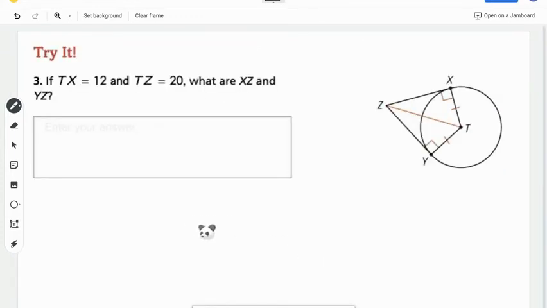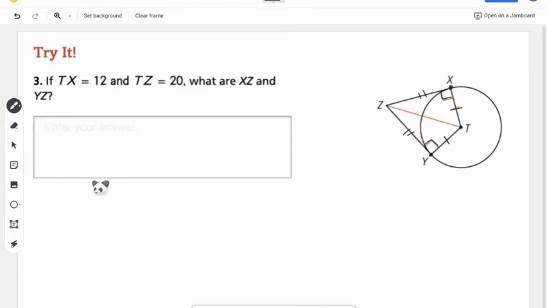Okay, let's take a look at another one. Now here we know, again, that there are 2 tangent lines right here, which means we know that we have right angles. We know that these radii are always going to be the same length. We also know that these lengths are going to be the same.